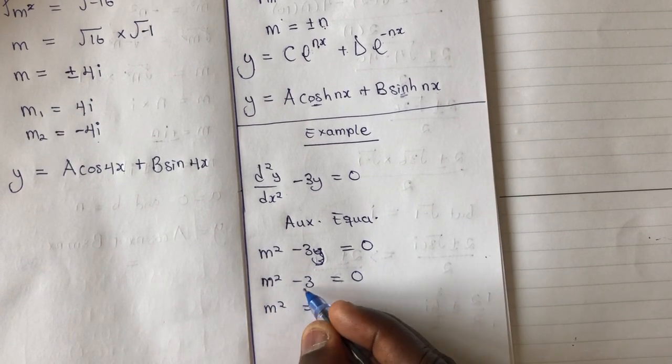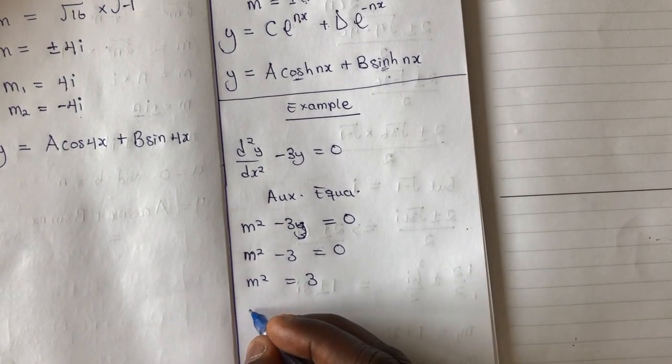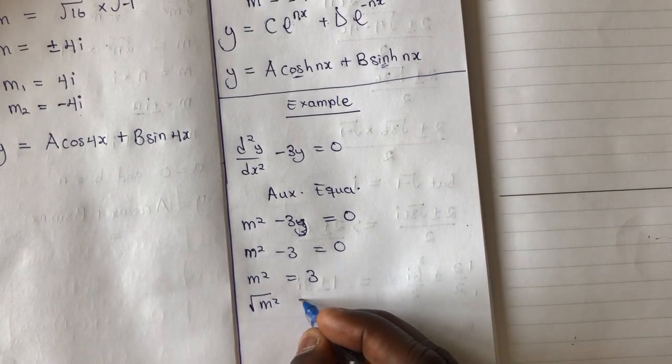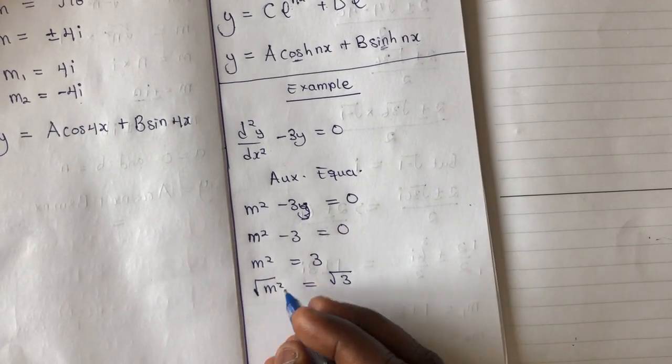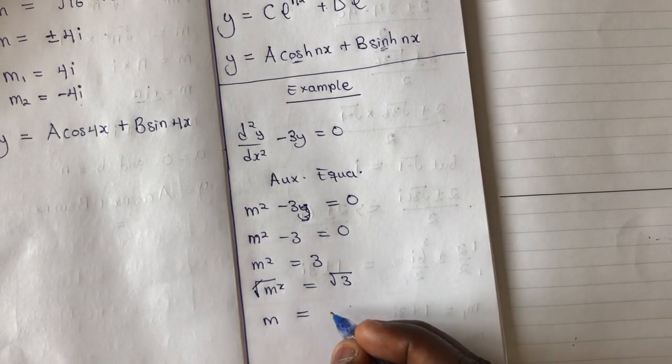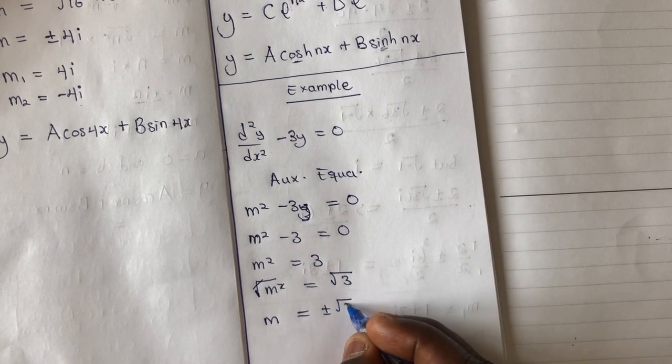M squared equals 3. So this is giving us root of m squared equals root of 3. So this is giving us m equals plus or minus root 3.